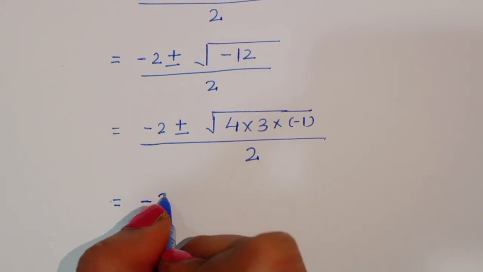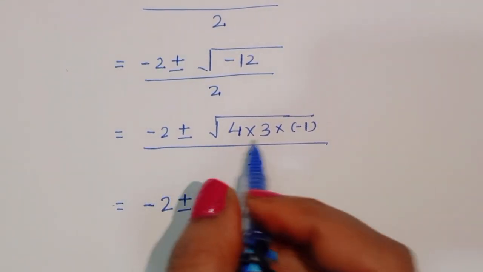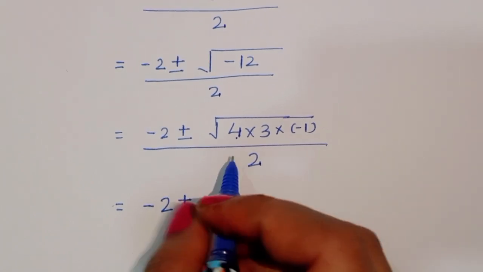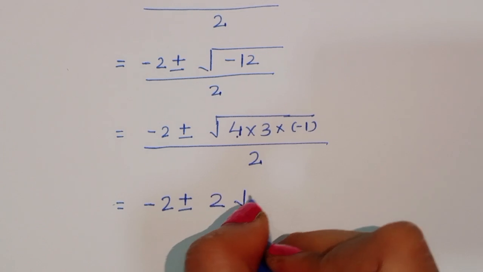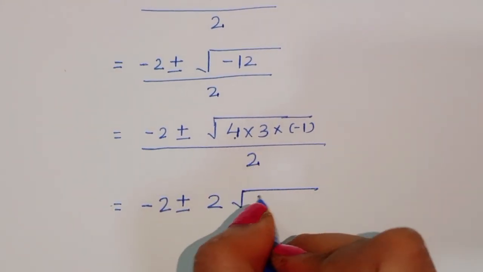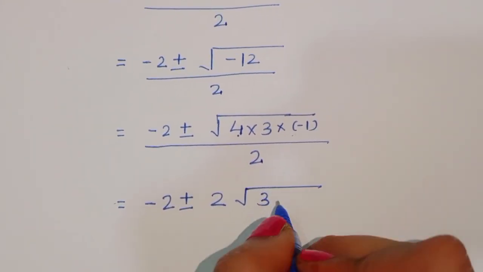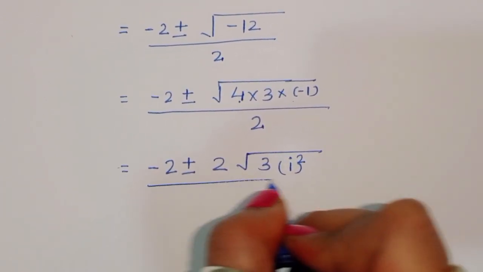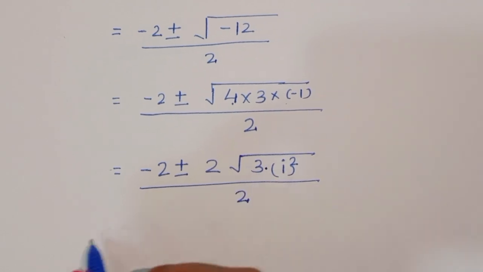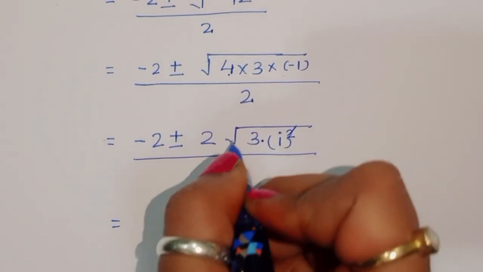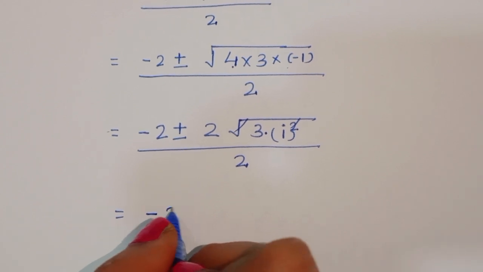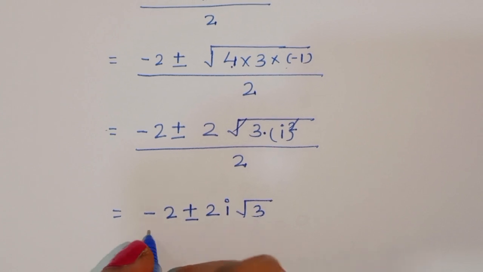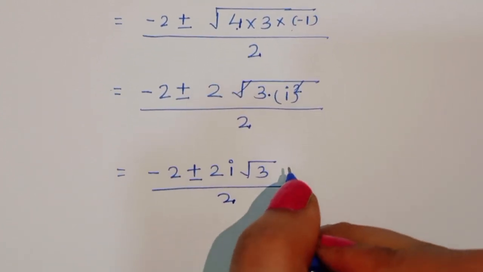So minus 2 plus minus, the square root of 4 we can write as 2, so 2 square root of 3, and the minus 1 we can write as i square, divided by 2. Now the square cancels with the square root, so we can write minus 2 plus minus 2i square root of 3 divided by 2, right?